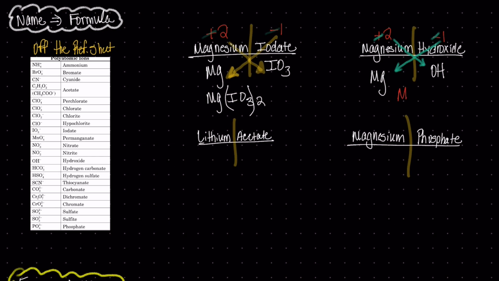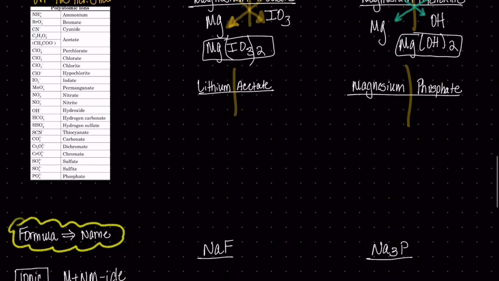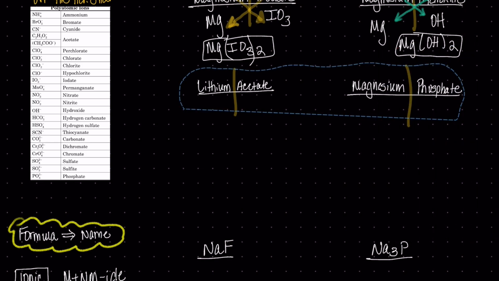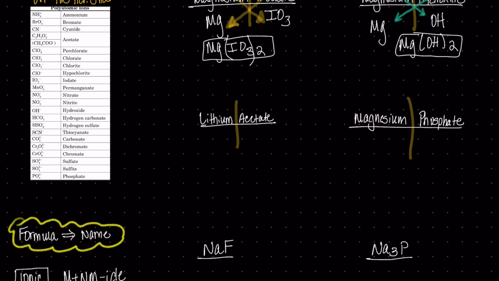Mg1 from hydroxide, but I see 2 going to OH. I know I gotta keep it together, so I'm gonna run with my parentheses. Put things in a box to let you know we're done. And we're gonna give ourselves some more room here. Always less crowded.